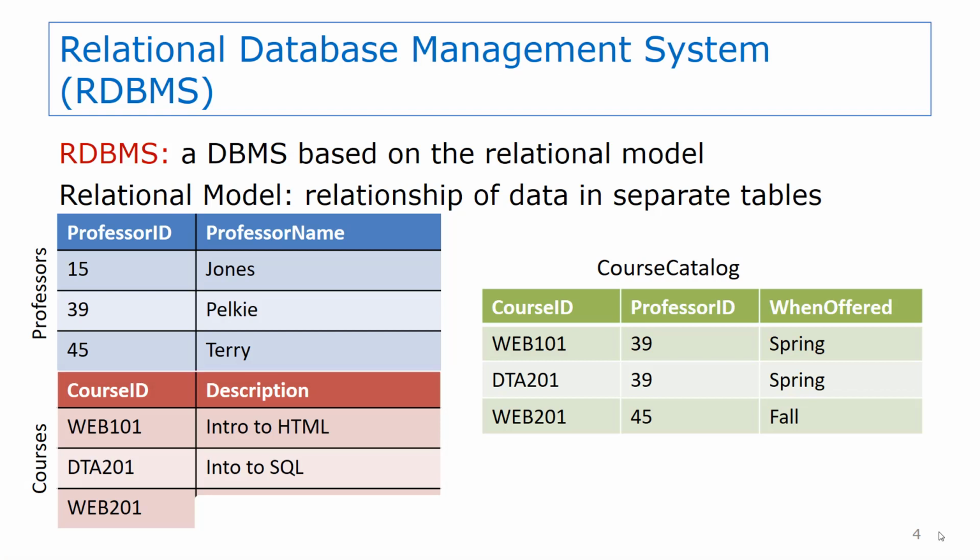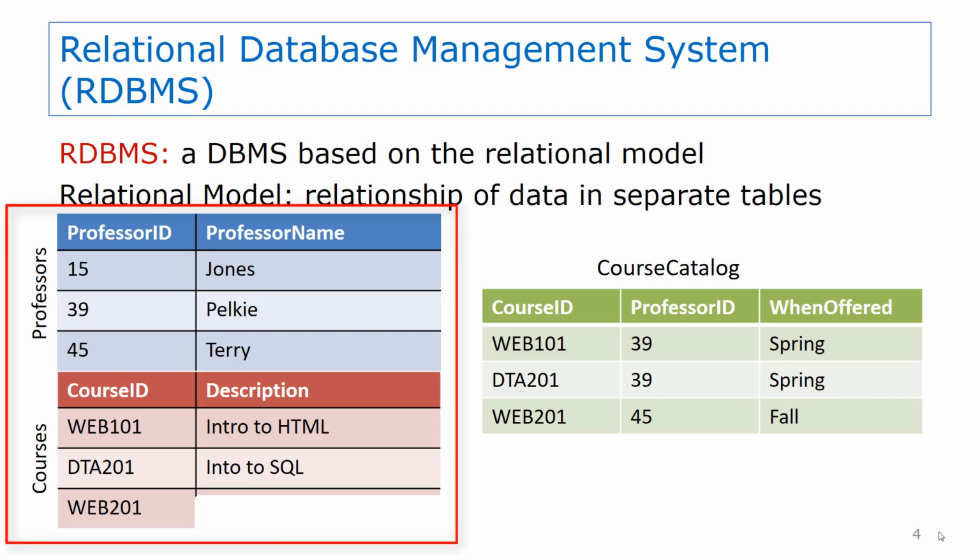One of the big benefits of using a relational database is that data in two or more tables can be used in terms of its relations. For example, on this slide there are two tables, professors and courses, and another table, course catalog. The professors table contains two facts, a professor ID and the professor name. The course table also contains two facts, the course ID and description.